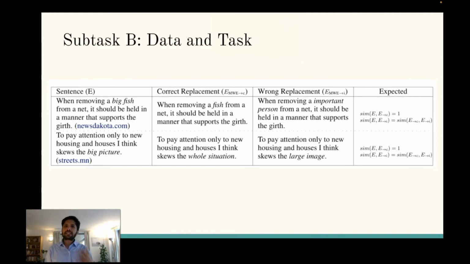Interestingly enough, the semantic similarity between column 2 and column 3 should be the same as that between column 1 and column 3 because column 1 and column 2 mean the same thing. We use this to test models' ability to capture idiomatic meanings because we know that models are very good at outputting semantic text similarity scores when sentences are compositional.